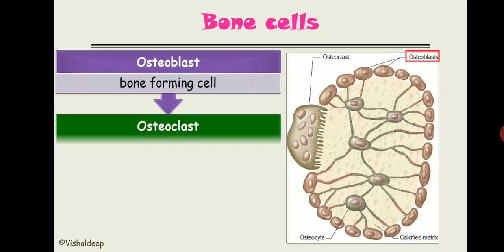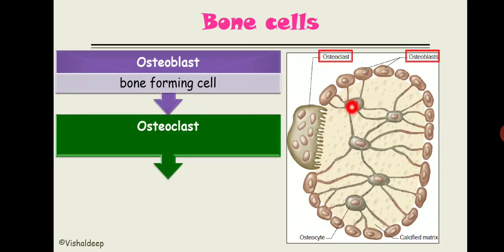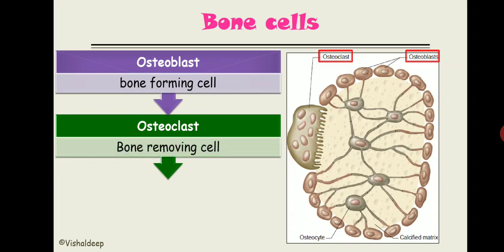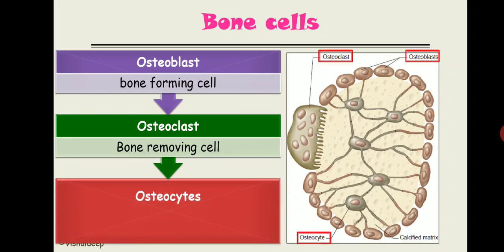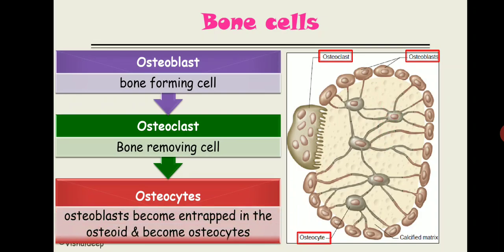Another cell is the osteoclast, the biggest cell in the bone, present over here. They remove the bone, so they are known as bone removing cells. And the remaining one is the osteocyte. You can see that the osteocyte is present inside this structure, while the osteoclast and osteoblast are present at the periphery. Once the osteoblast becomes entrapped in the osteoid, it becomes an osteocyte.